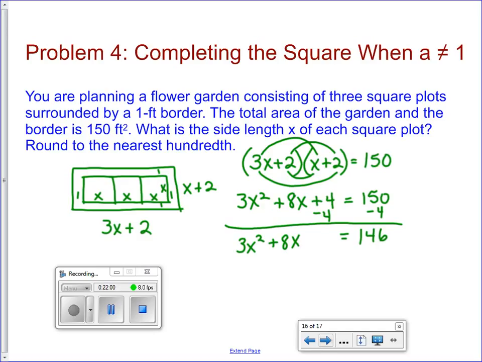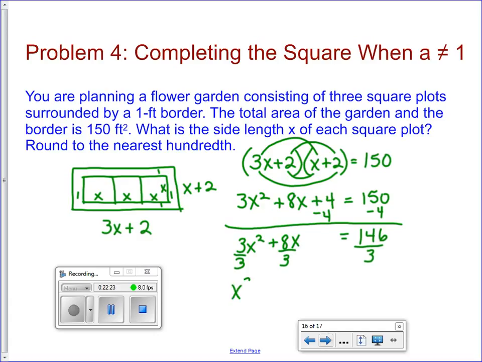Now we cannot complete the square as long as we have this 3. So what we've got to do is divide everything by 3. It's like dividing the whole left side by 3, and we're dividing the whole right side by 3. All right, now we can get rid of that.